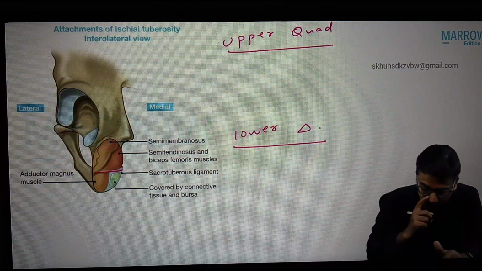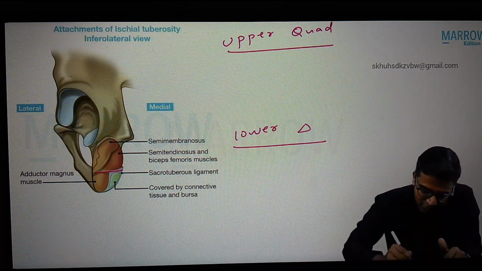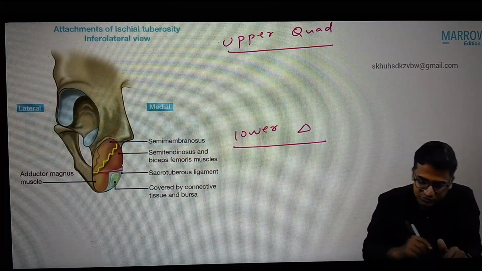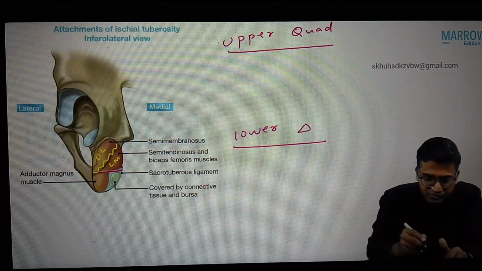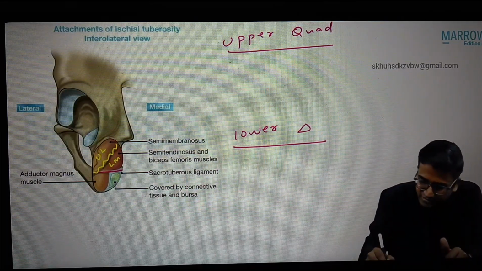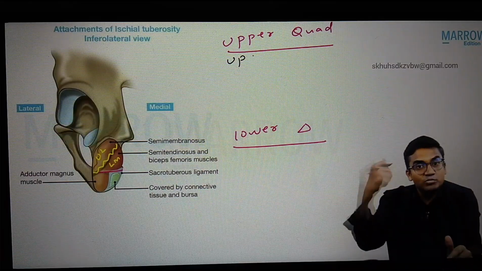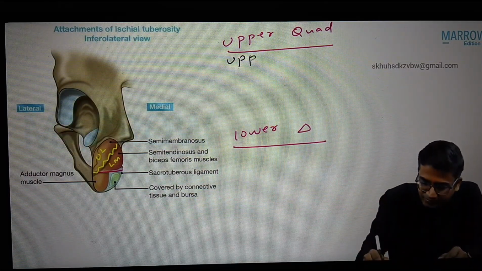In the upper quadrilateral part we have the oblique ridge, and that oblique ridge divides the quadrilateral part into two triangular parts, an upper lateral and a lower medial.